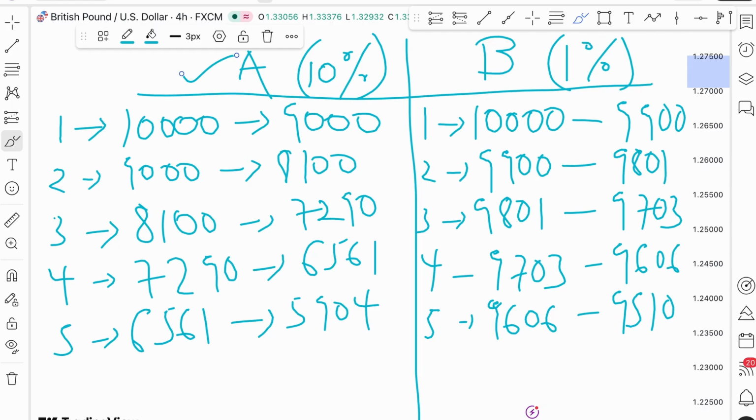Risk per trade is not about how much you want to make. It's about how much you are willing to lose without losing control. Risk per trade is your protection system, your survival mechanism, your emotional control tool.